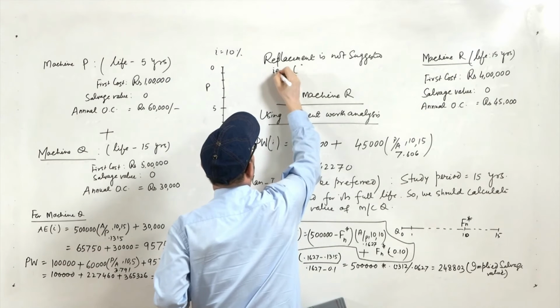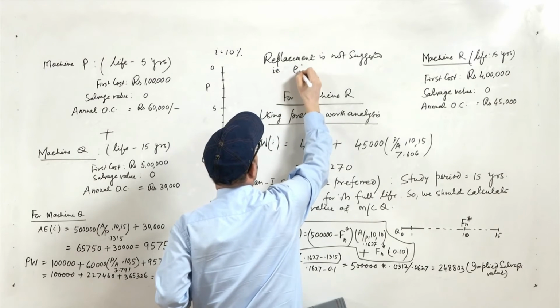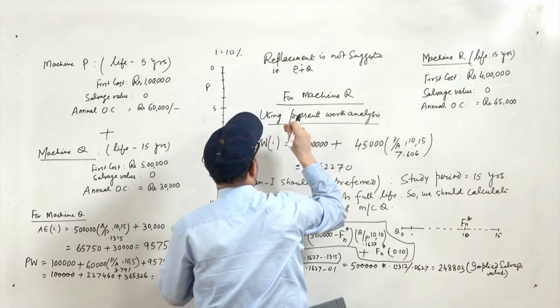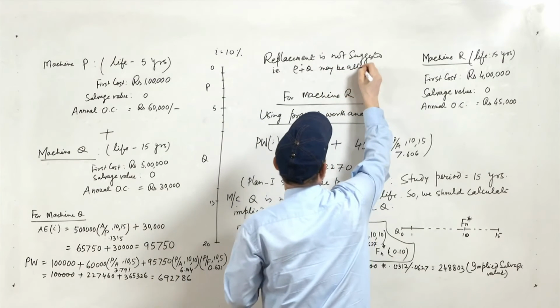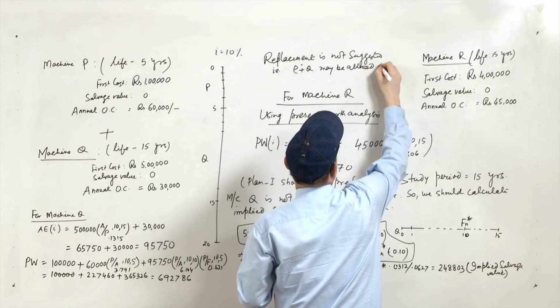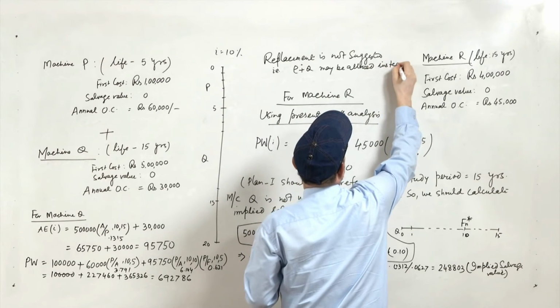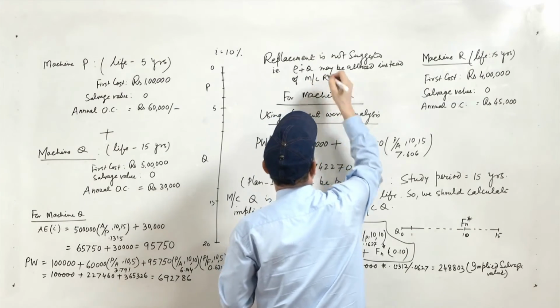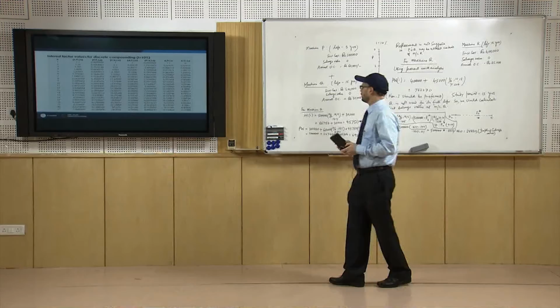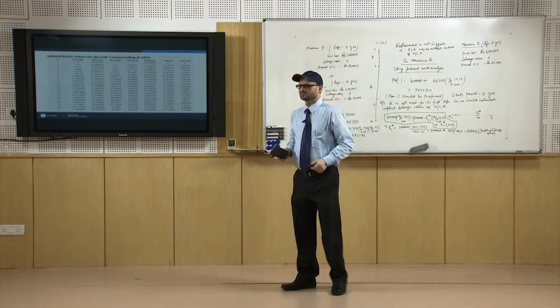That is, P plus Q may be allowed instead of machine R. So, this is how we do the analysis.